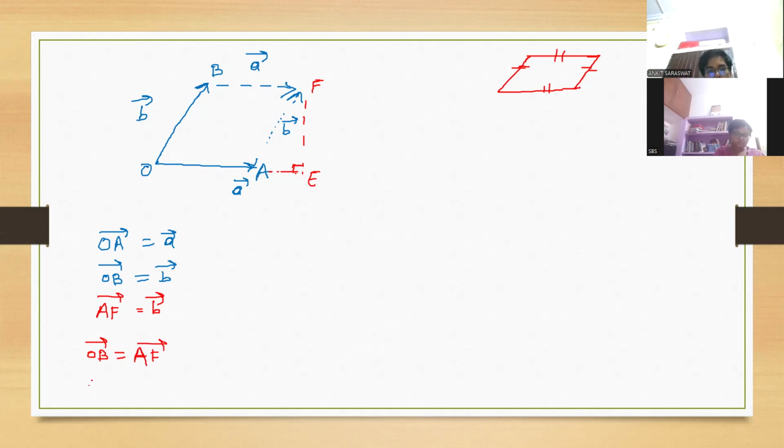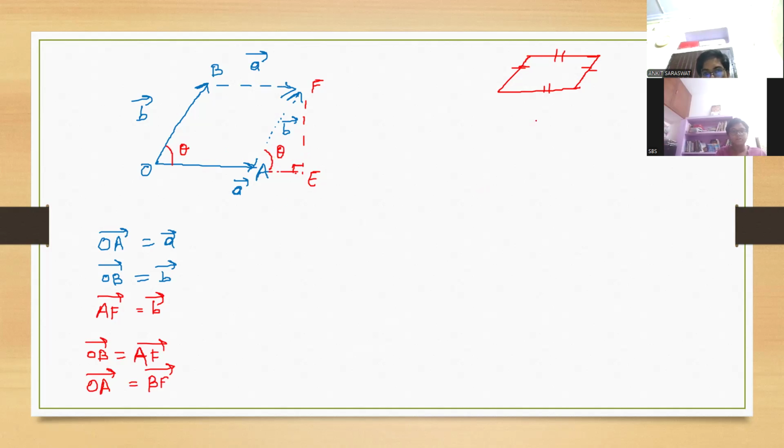Similarly, OA vector is equal to BF vector. Now look here. Let us suppose theta is the angle between the two vectors. This is the angle theta between the two vectors, and this is also theta. Clear?